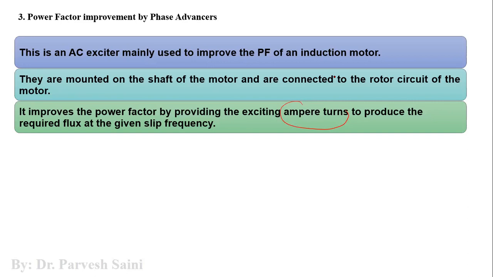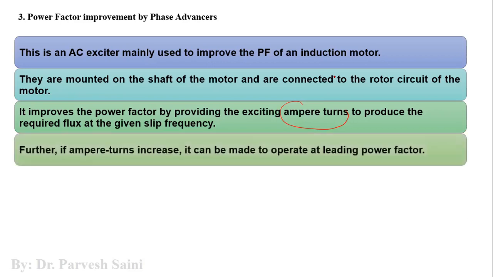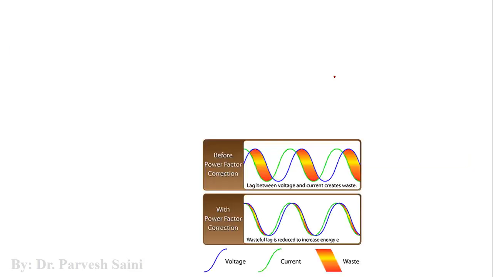So it basically provides flux by generating the magnetomotive force, and through that flux, it improves the power factor, right? If we can increase the ampere turns, that is magnetomotive force, we can make the induction motor operate at leading power factor.